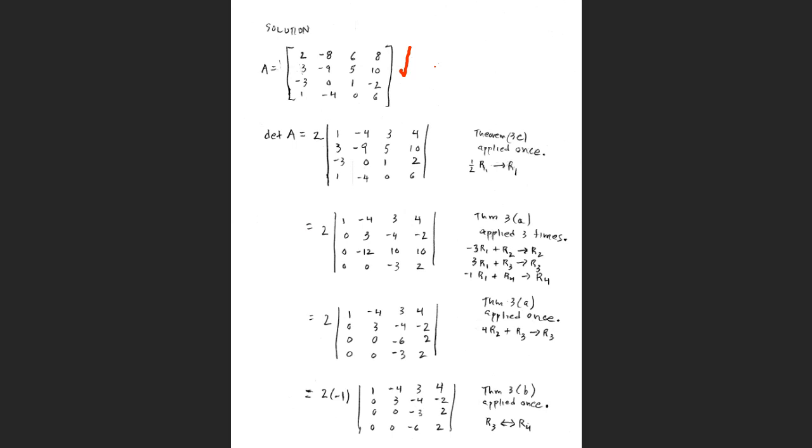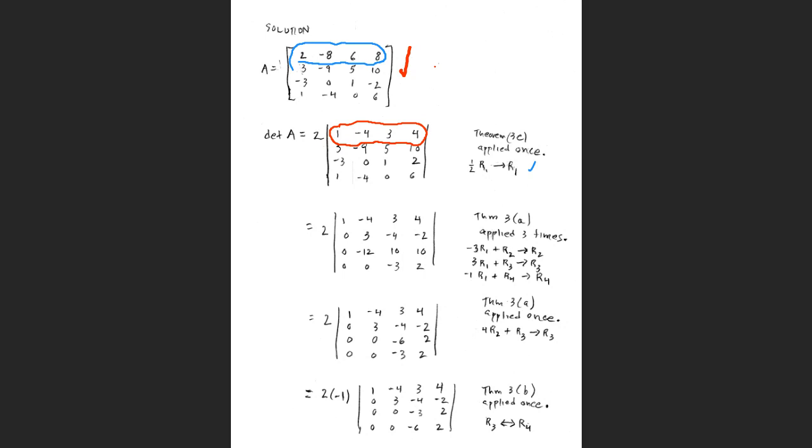If we look at this first row, you can see what we did was we took 1/2 times the first row and replaced the first row by that result.